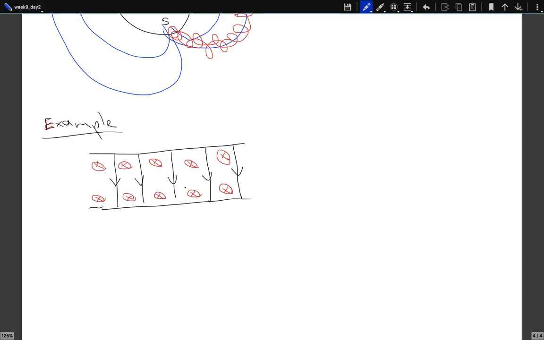Now let's imagine we send a charge through it with a velocity v. We have a charge q, we just send it with a velocity v in that direction.